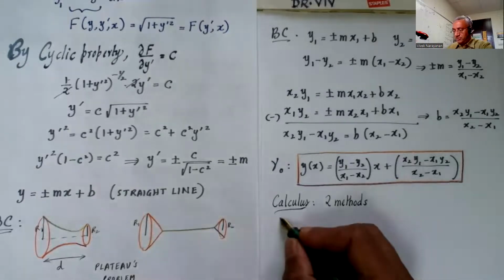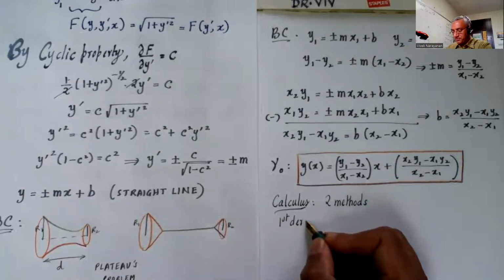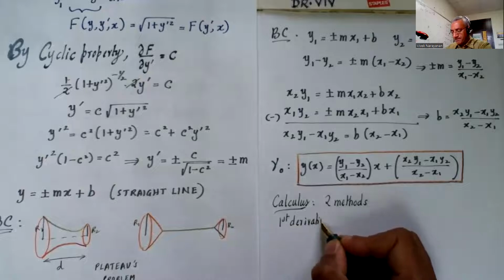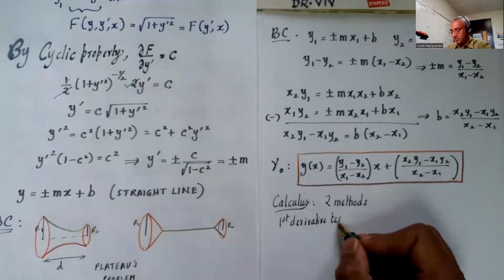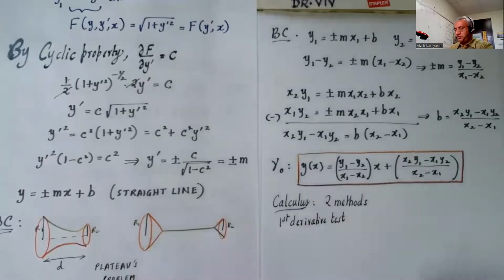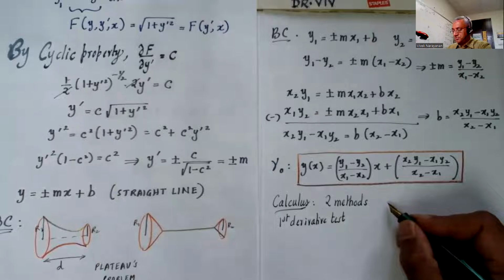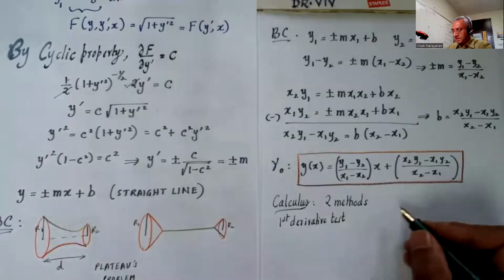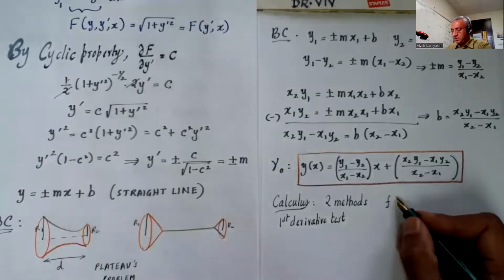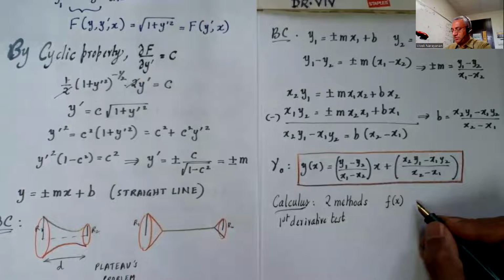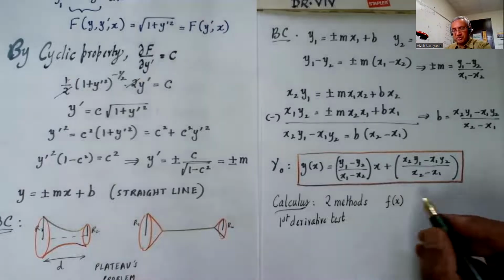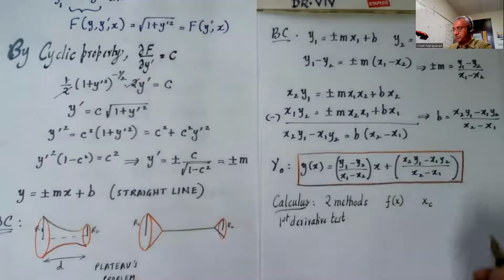The first is called the first derivative test. Here, what you do is you take the critical value. In calculus, you just have a function f of x, and you're trying to extremize it, like maximize or minimize it, and so you have the critical value x sub c.